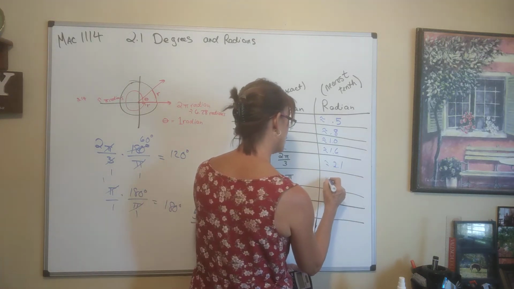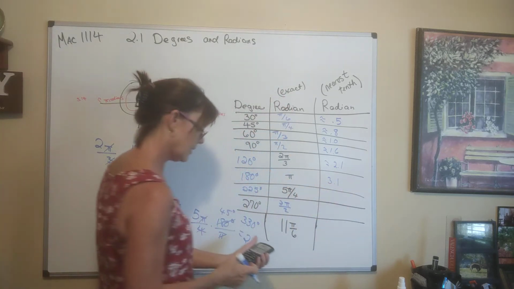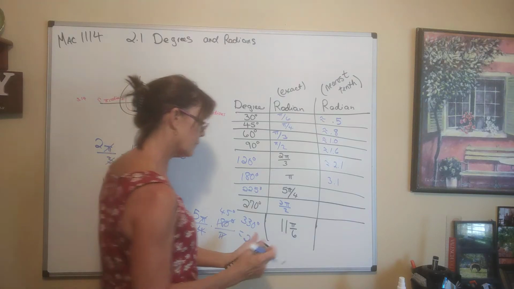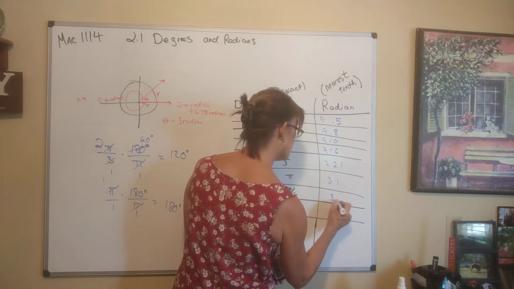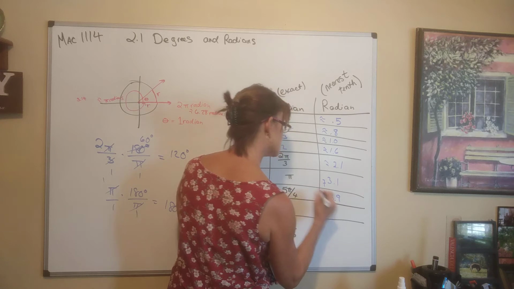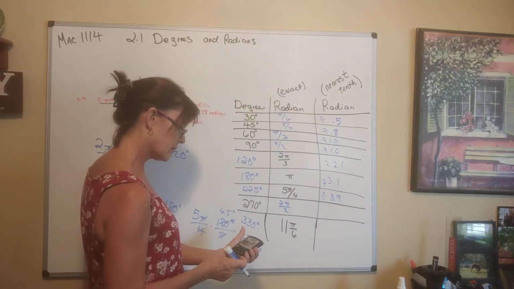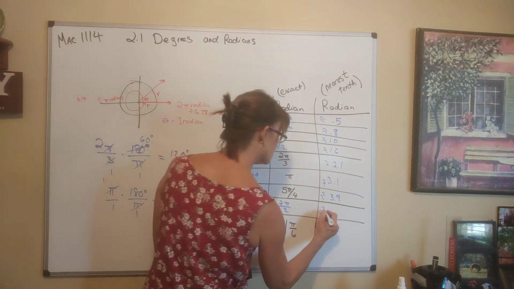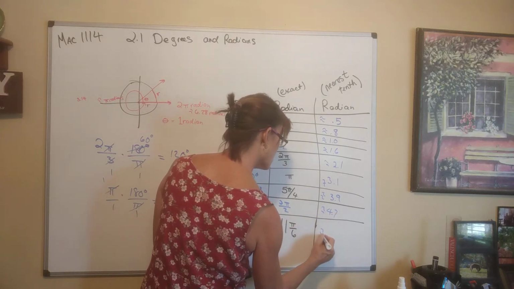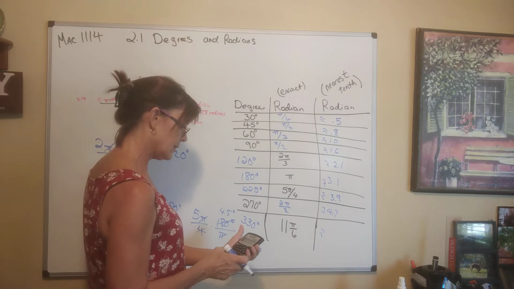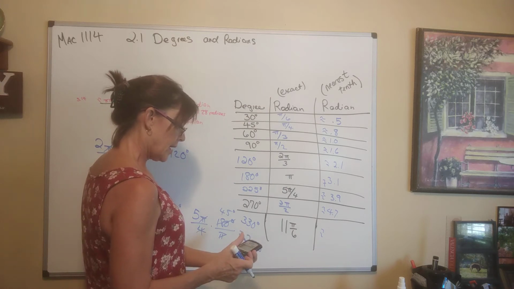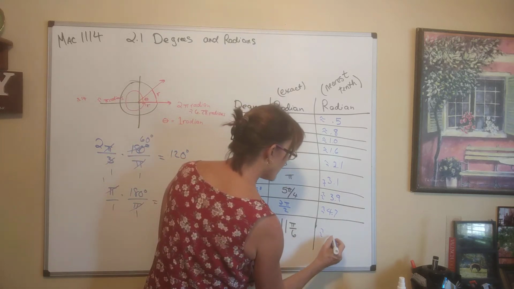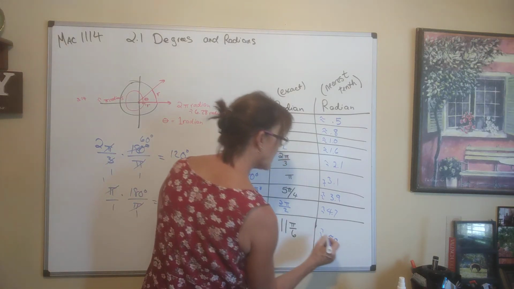Pi is 3.14, or 3.1. 5 pi divided by 4 gives me 3.92, about 3.9. 3 pi divided by 2 is approximately 4.7. And 11 pi divided by 6 gives me 5.75, or about 5.8 radians.